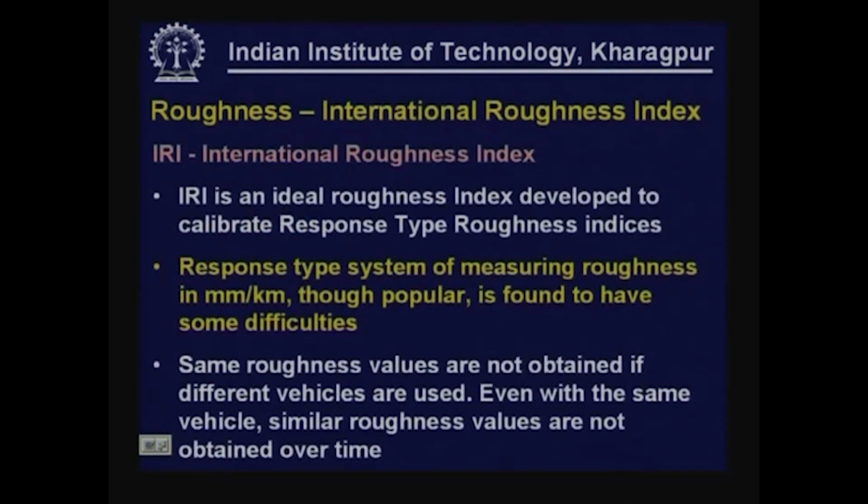The next and most commonly used roughness index worldwide is the International Roughness Index. This is a very interesting concept in terms of expressing roughness of a given road. IRI is the International Roughness Index. This is an ideal roughness index developed to calibrate response type roughness indices.